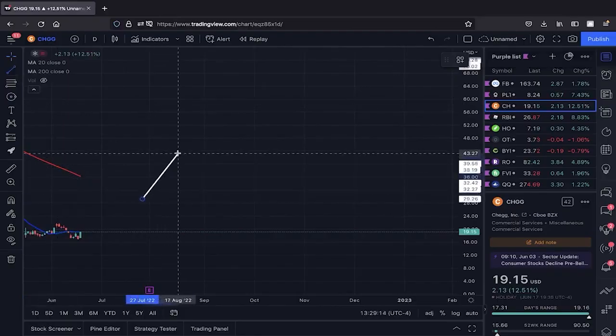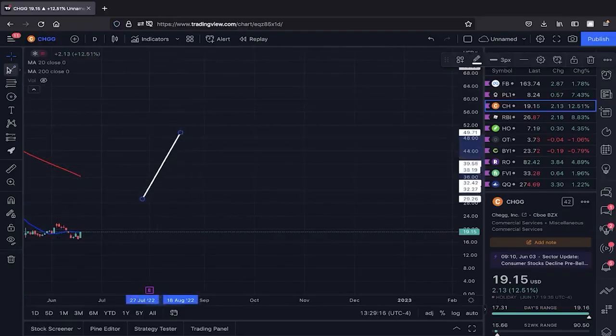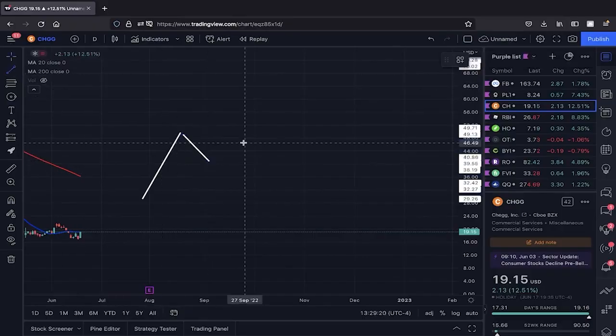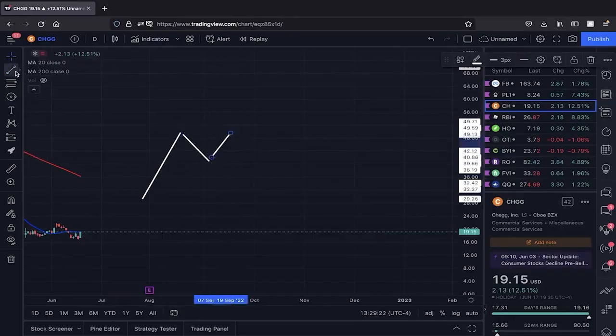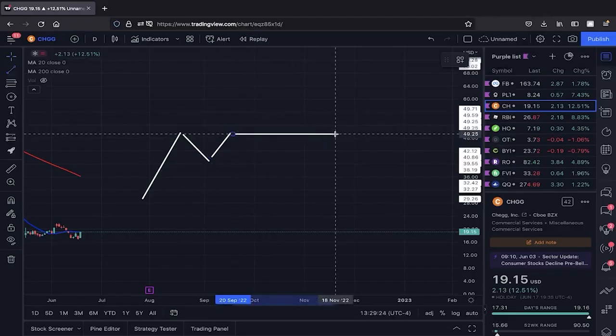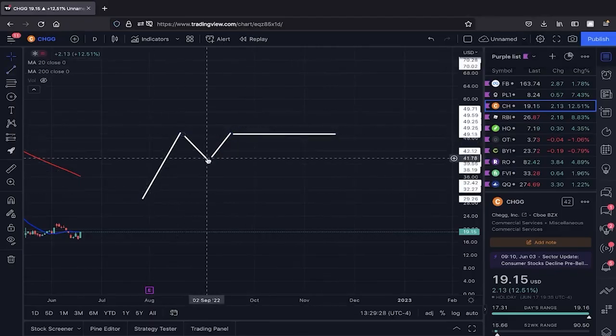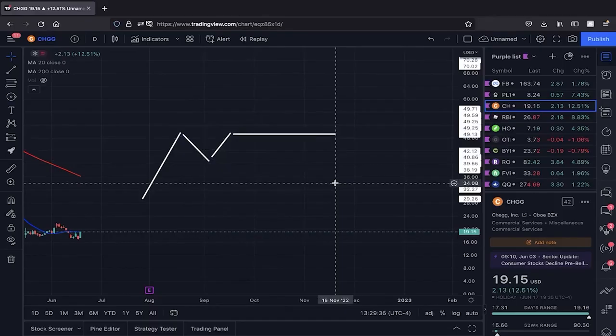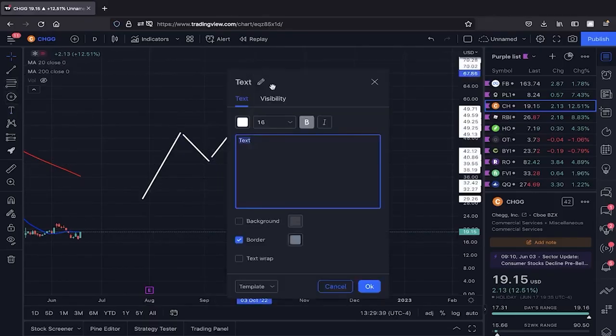So let's say we have a stock that pulled back. I'll kind of paint it out like this. Let's say we have a rally, then a pullback, and then another rally, and it's basing at resistance at the all-time highs. That is extremely bullish, right? So I'm going to actually write that. This is going to be another quick little lesson here.